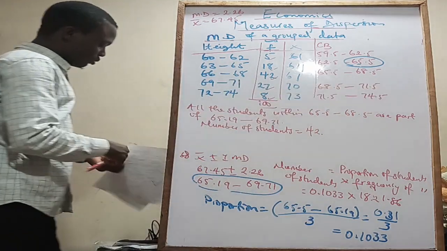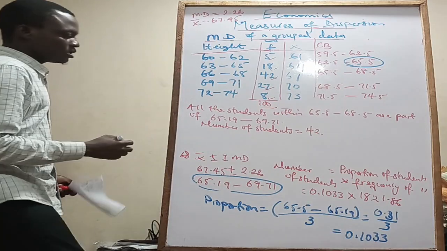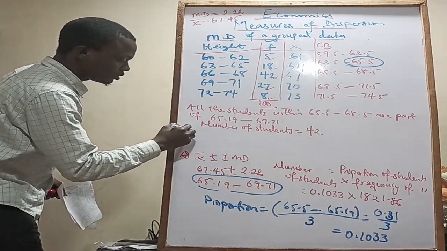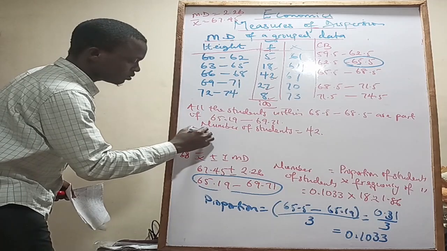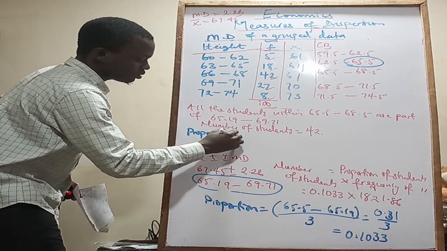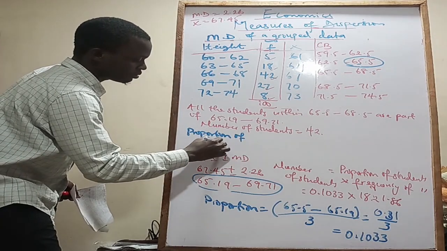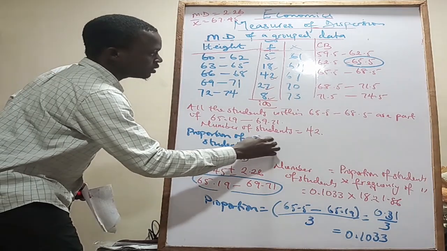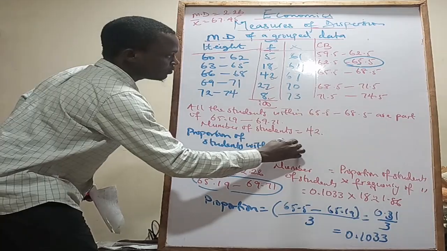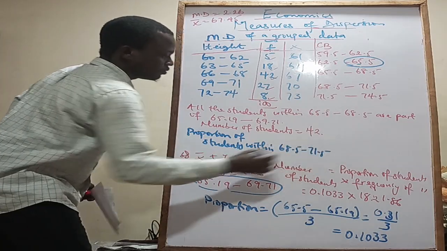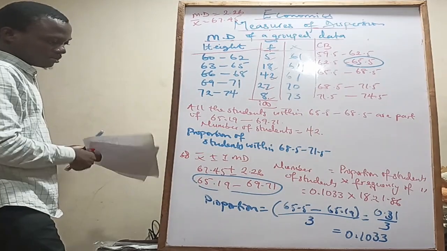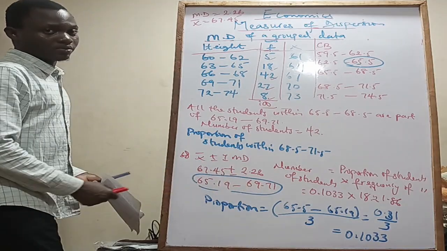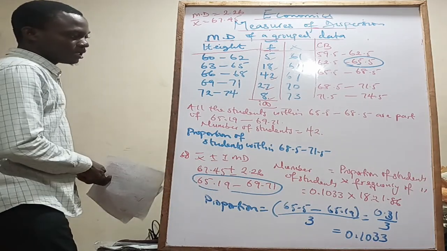So let's calculate the proportion of students within 68.5 to 71.5 again.